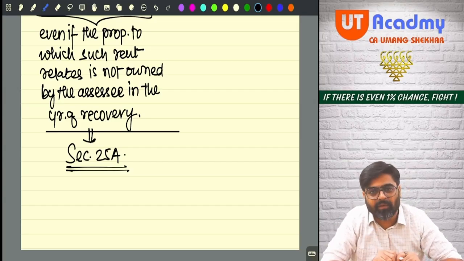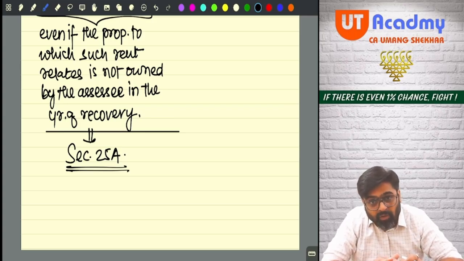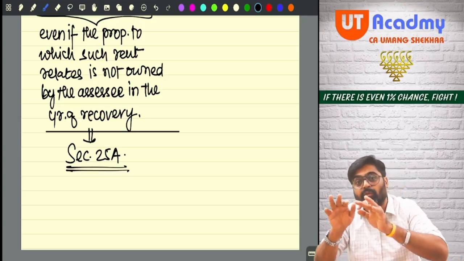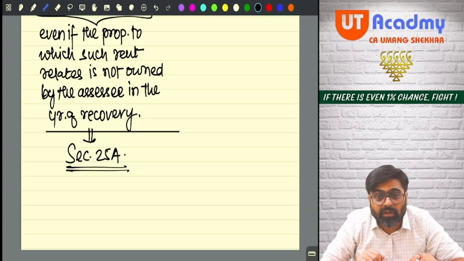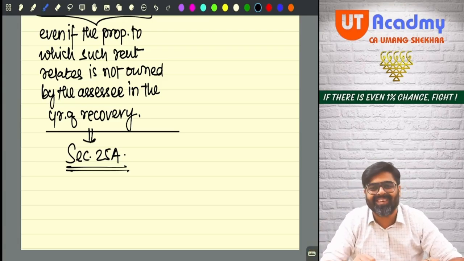Getting my point? So are you ready to give me 20? Yes. But you are not ready to give me the increased rent of 5,000. You are ready to give me increased rent of only 3,000. So there was a dispute for that 2,000 rupees of rent.